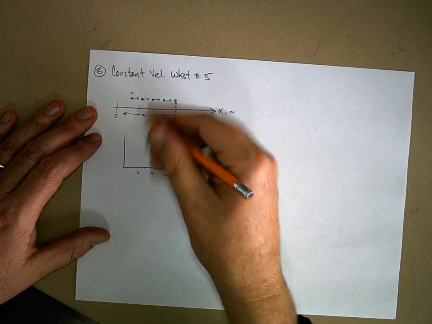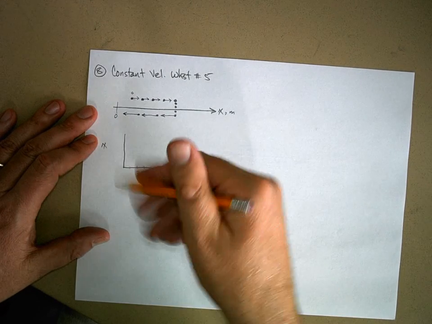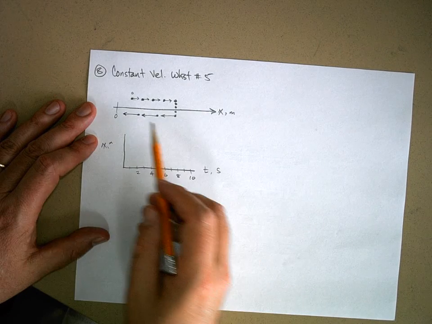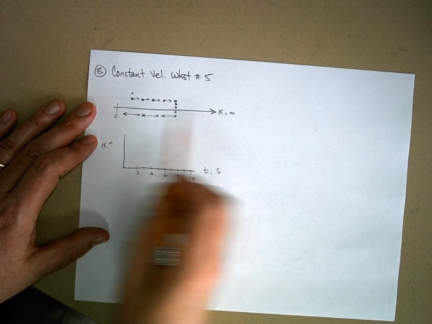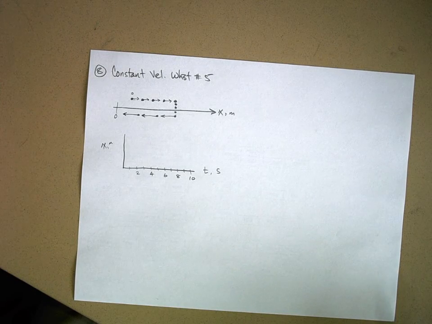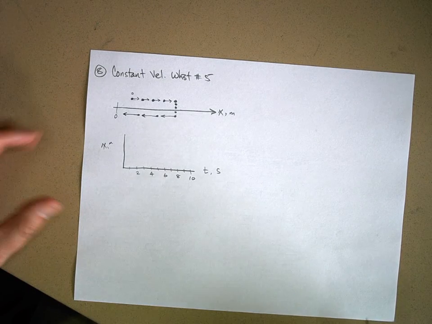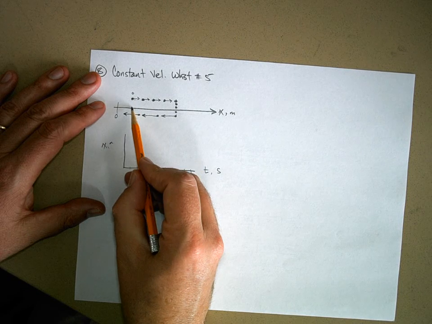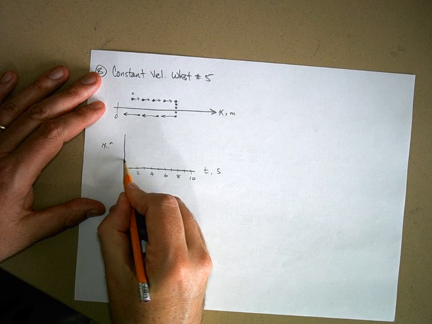And this is position, but we don't know, well, we'll put it in meters. But actually, I don't even need to put the meters because I didn't put any numbers on there. So I'm not going to, just to keep it easy. And so I'm going to start right here. So if I look on my x-axis, it's kind of starting right there.